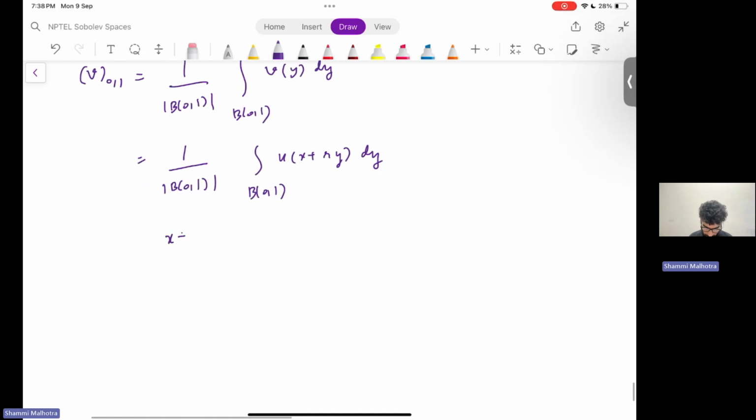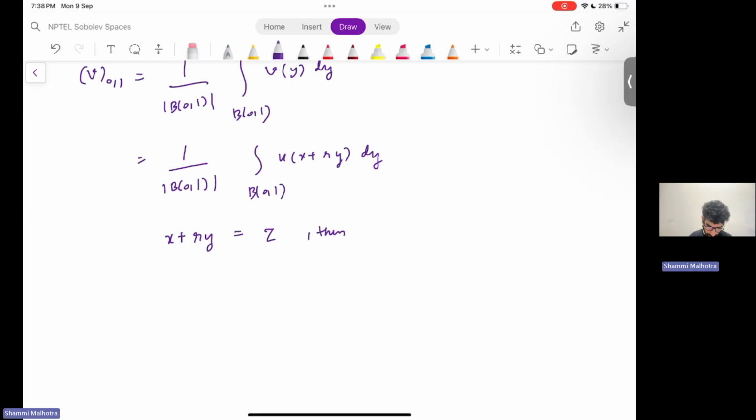So let us change the variables. We take x plus ry equal to z. Then r to the power n dy will be equal to dz. When y varies in B(0,1), z varies in B(x,r). So this is the integration over B(x,r) of u(z) dz divided by r to the power n.